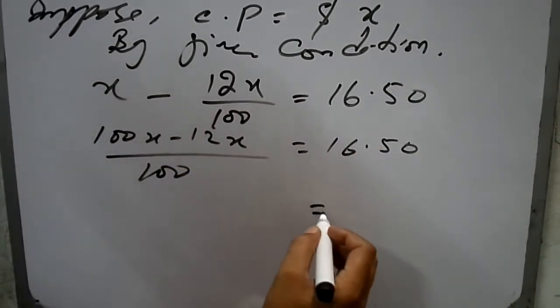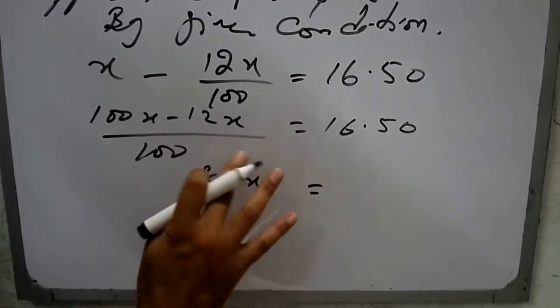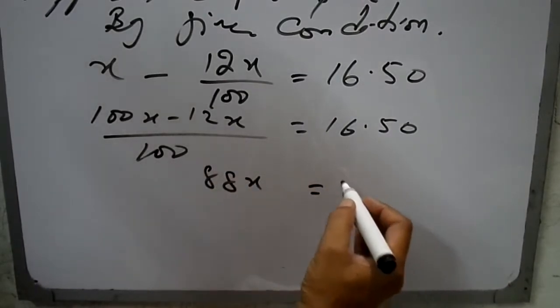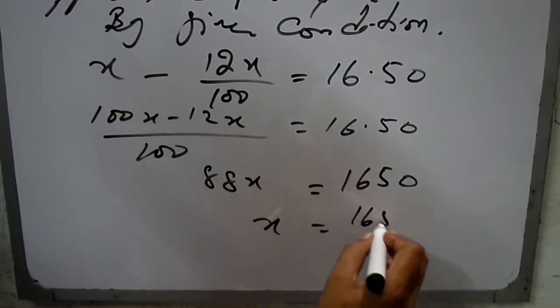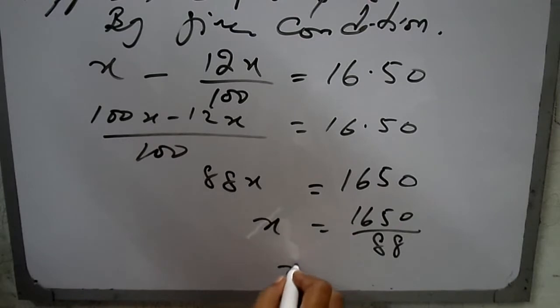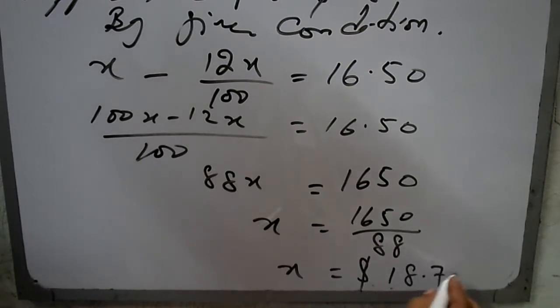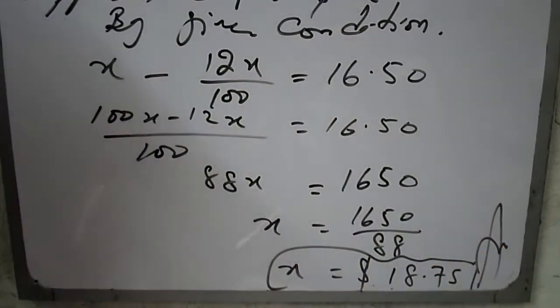By using cross multiplication, you will get 88x, and 100 multiplied by this one. You need the value of x divided by 88, so the value of x is $18.75. So that is your required result.